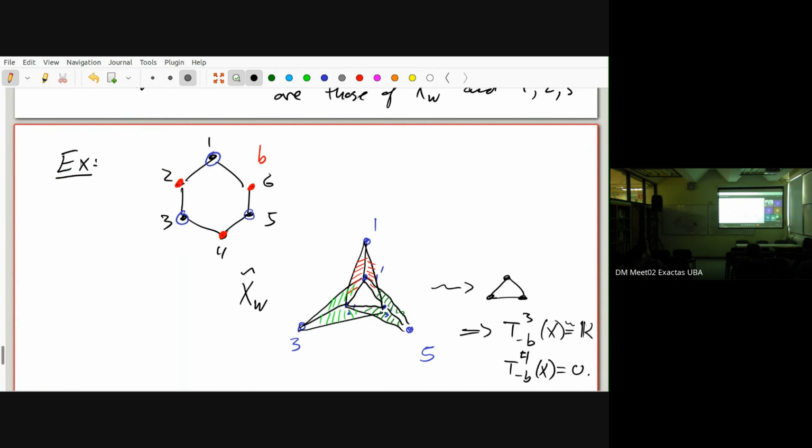Oh, okay. That's very interesting. And what about type B and C? I mean, you here have in a way type B2, right? And you're showing that B3 is K. Yeah.